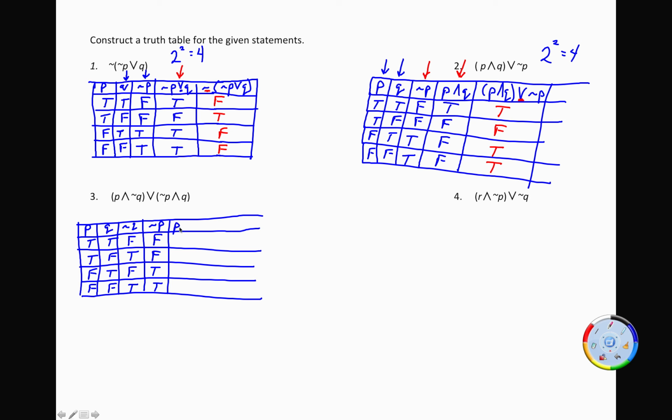Okay, I have parentheses here. I have a P and not Q. So I'm looking at the P and the not Q based on what it means to be and. Remember, with an and, they both have to be true to be true.